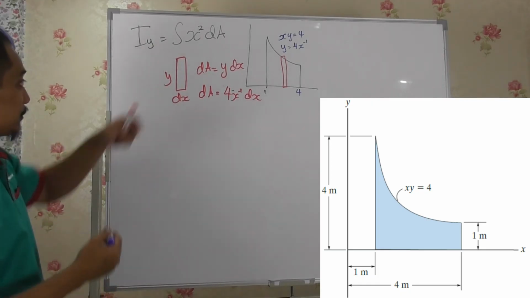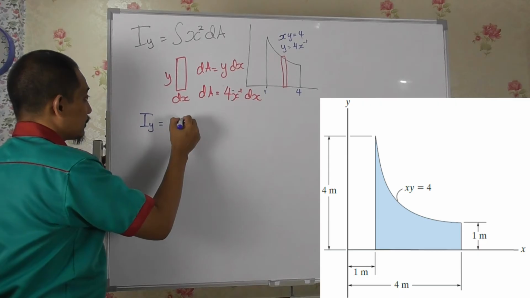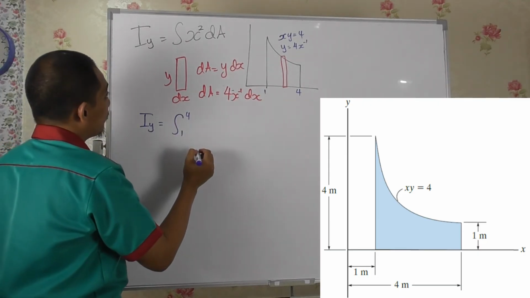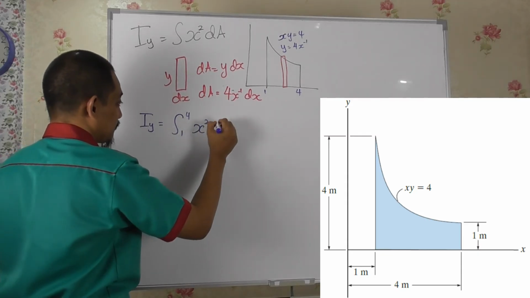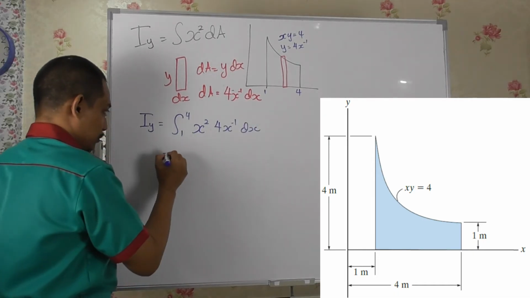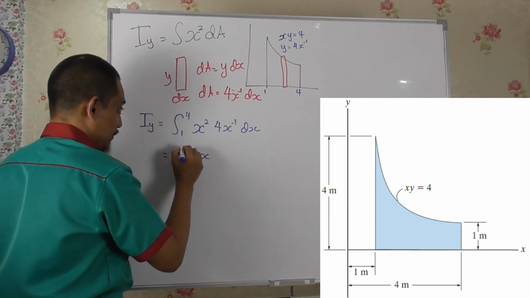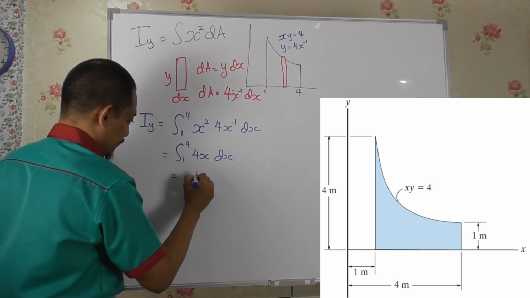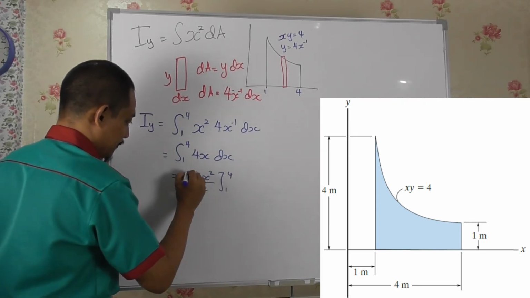So plug into the equation: Iy equals the integration from 1 to 4 of x squared dA, which is this one, times 4x to the power of negative 1 dx. You settle this, so it becomes 4x, integrate from 1 to 4 dx, so 4x squared over 2 from 1 to 4.